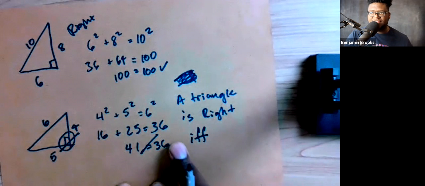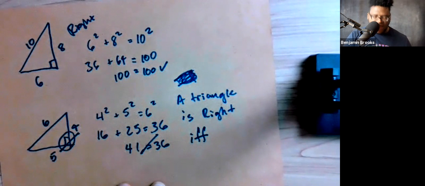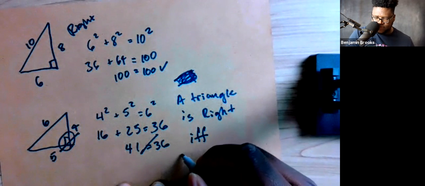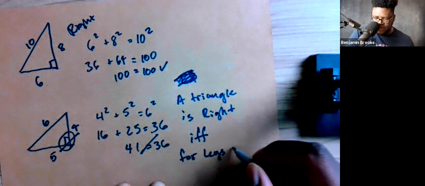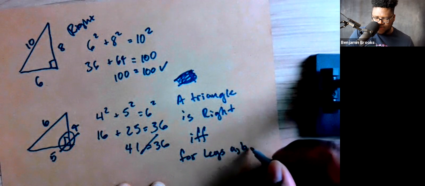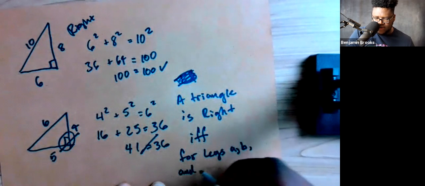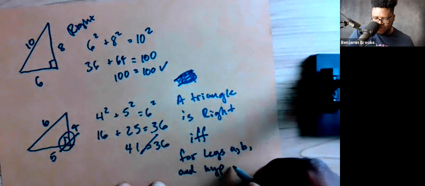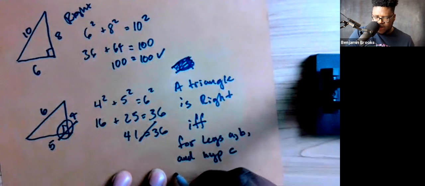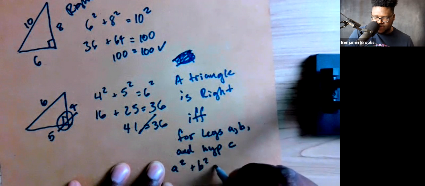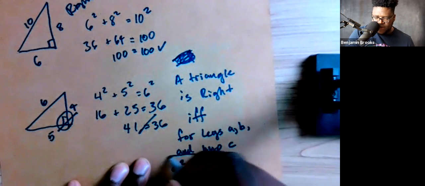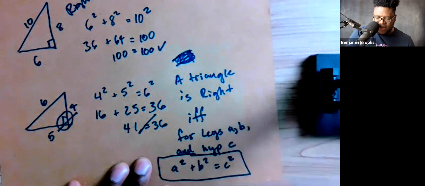That's what we use, if and only if, the I with 2 Fs. If and only if for legs A, B, and hypotenuse C, A squared plus B squared is equal to C squared. And this part right here is the main thing that we use.